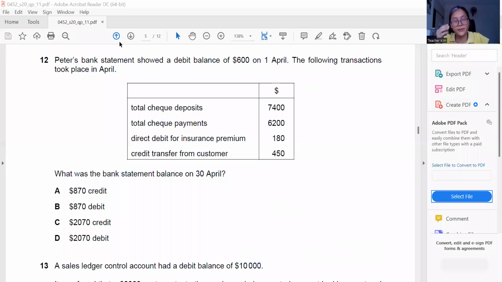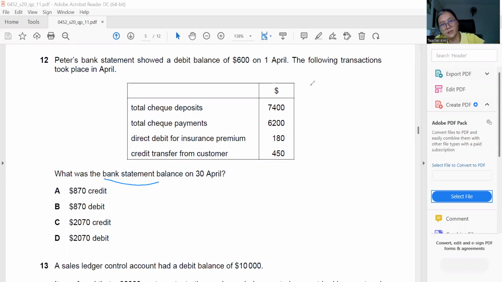Okay, now let's continue. Question 12. Peter's bank statement shows a debit balance of 600 on the 1st April. The following transactions took place: check deposit, payment, direct debit for the insurance premium, credit transfer. What was the bank statement amount?